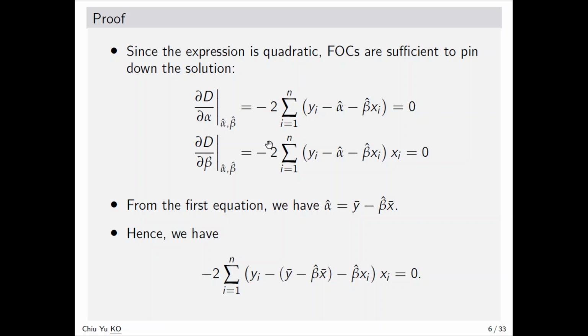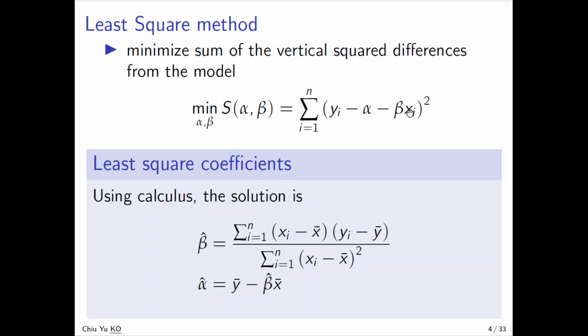If you differentiate with respect to alpha, the square will come out by the chain rule, and times negative 1. For beta we get the same, but when we differentiate with respect to beta we get an extra xi. So that's why you have the negative 2, because of the square, and the alpha here. That's why you have this.